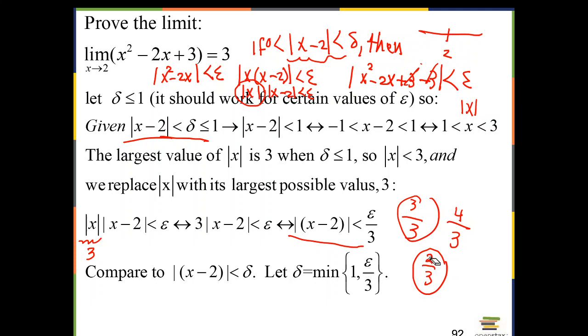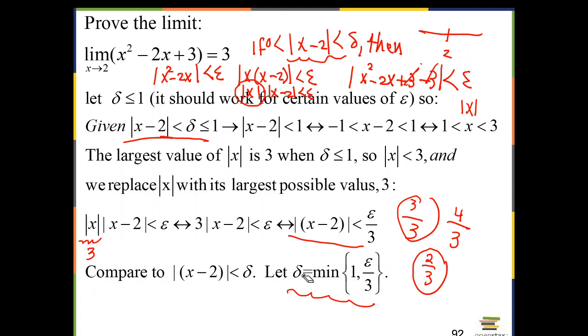So that means if epsilon is, let's say, 2 less than 3, then I'm going to pick this to be delta. And if epsilon is greater than or equal to 3, then it doesn't matter, I can pick 1, right? So this means pick the smaller of the two numbers.